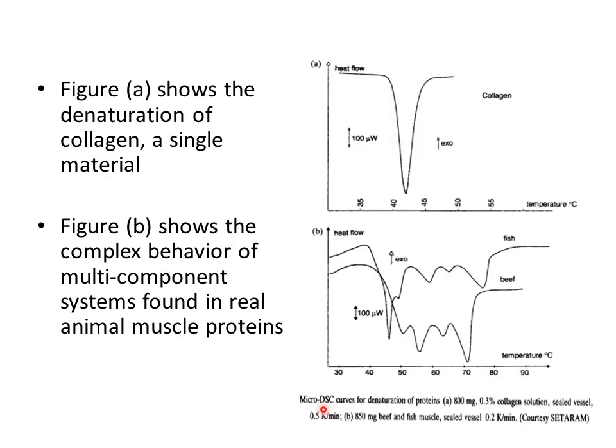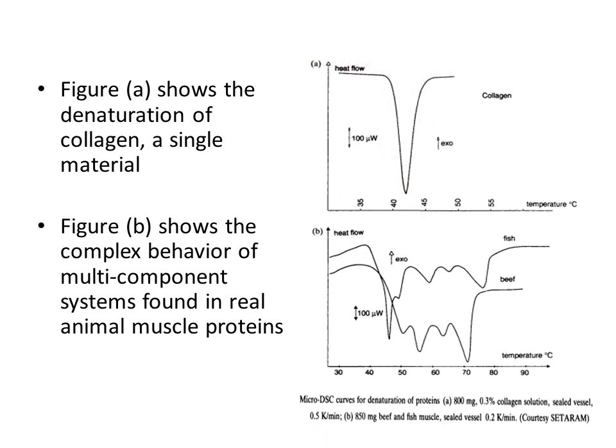So here are the DSC curves for denaturation of proteins, and these are two, A and B. In A, there is an 800 milligram sample, which is a 0.3% collagen solution, sealed in a vessel, and the temperature rate is 0.5 Kelvin per minute. So here you can see the DSC curve for this pure collagen solution.